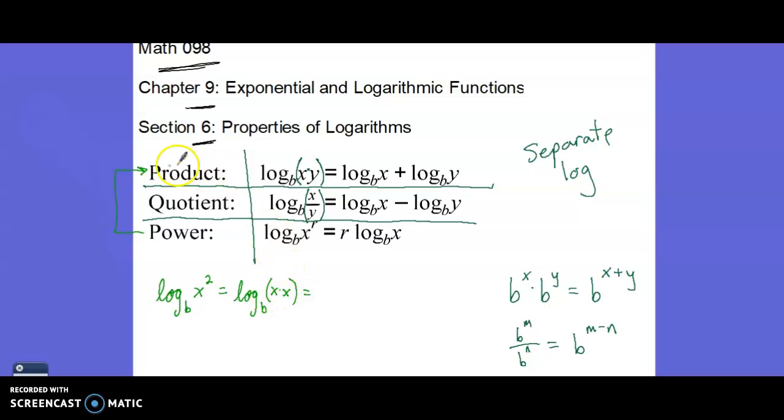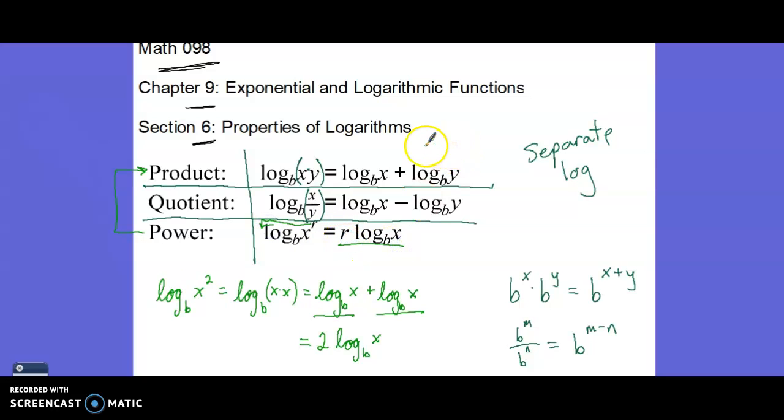Well then, if we use our product rule, then we could say that's the same thing as log base b of x plus log base b of x. Well, how many log base b's of x do I have? I have 1, 2 of them. So it makes perfect sense when you examine a few problems why you can just take that power and slide it in front.